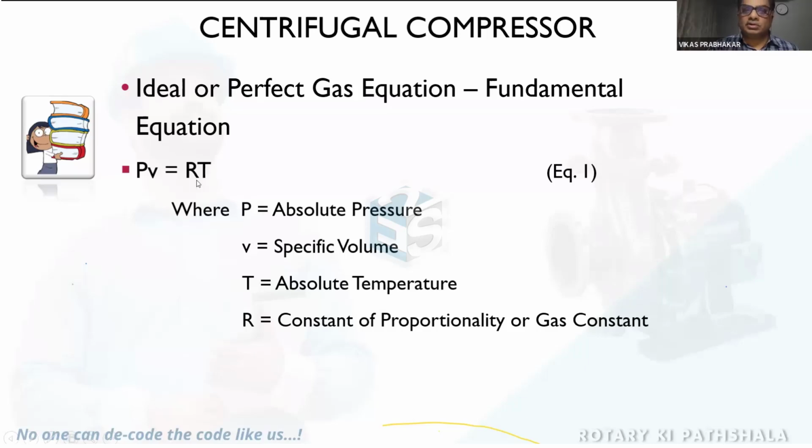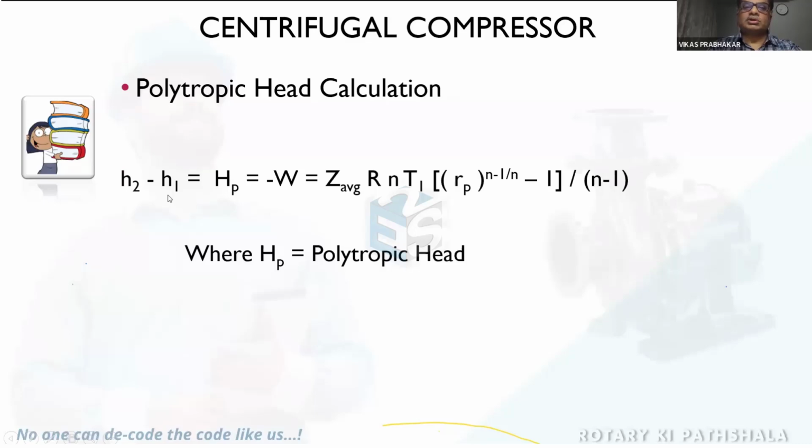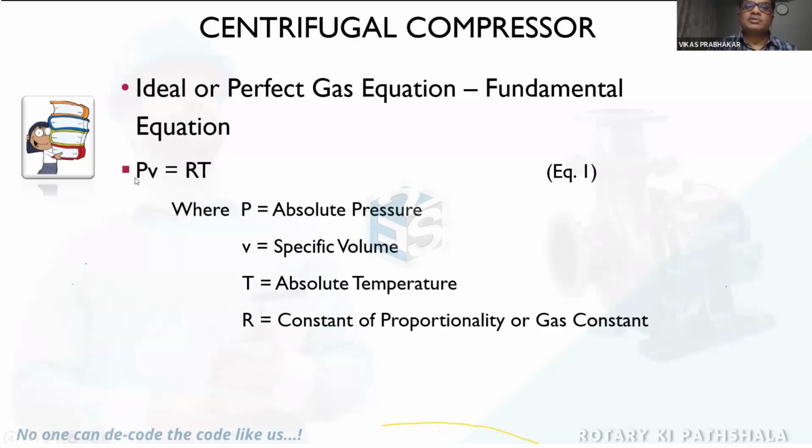If you remove the proportionality sign, then we have to introduce the constant of proportionality, and this is nothing but the gas constant. So this is the specific gas constant. This is the very fundamental equation. The equation we saw just now on the screen is derived from this basic equation along with the steady flow energy equation.